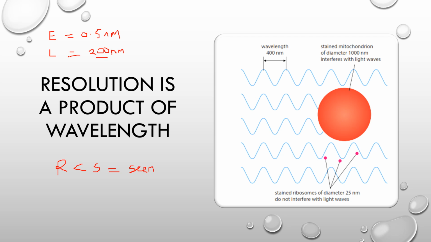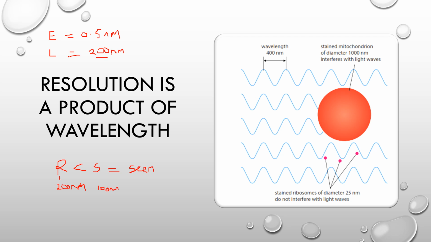For example, if the light microscope resolution is 200 nanometers and they're trying to use it to view an object whose size is about 100 nanometers, can you see that? That is not visible.